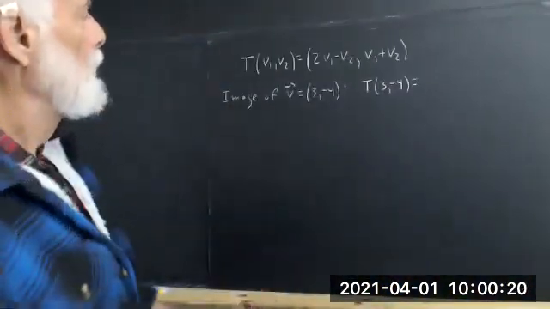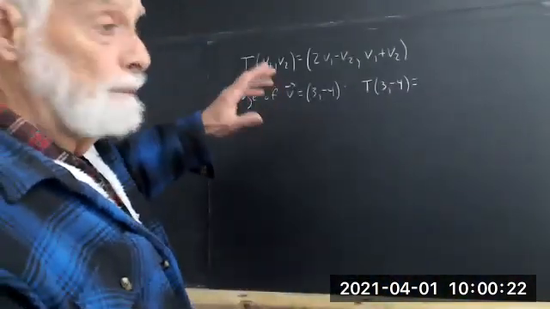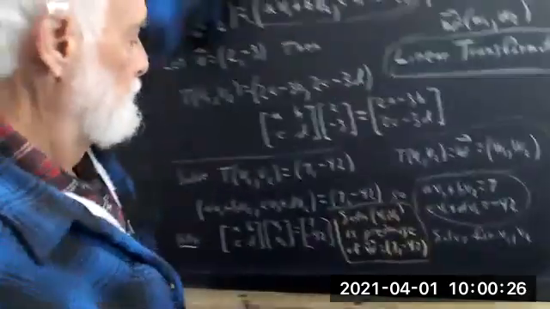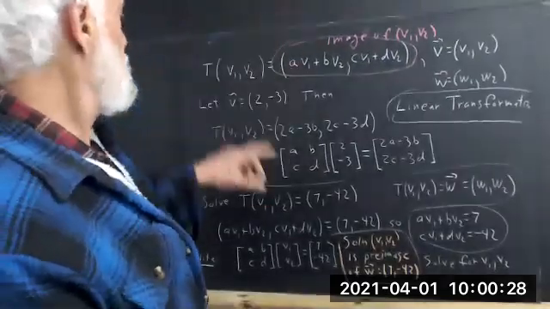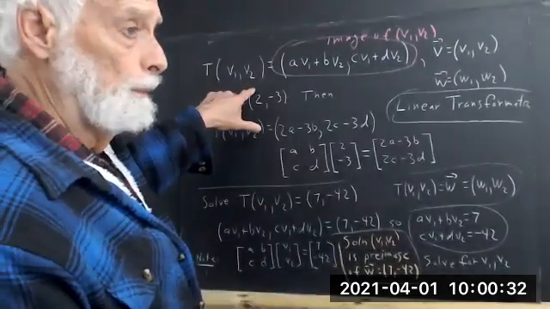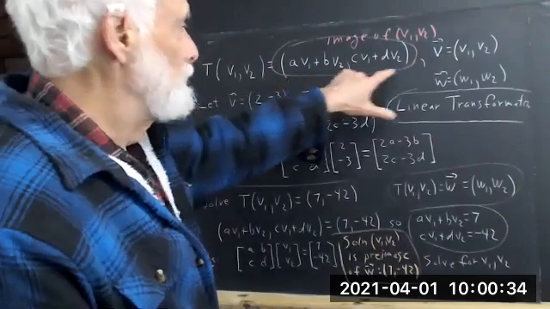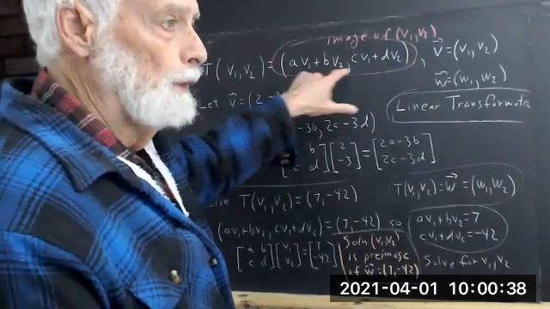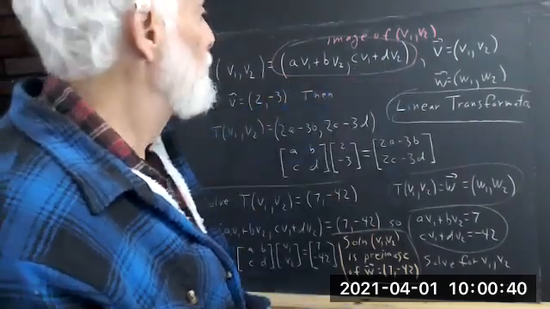Okay. So let's just put this in context. In general, a linear transformation T v1, v2 is going to equal an arbitrary linear combination of v1, v2 for each of two components.